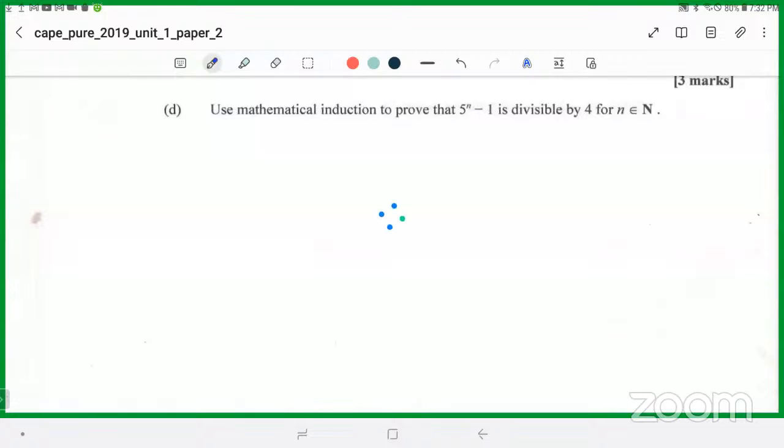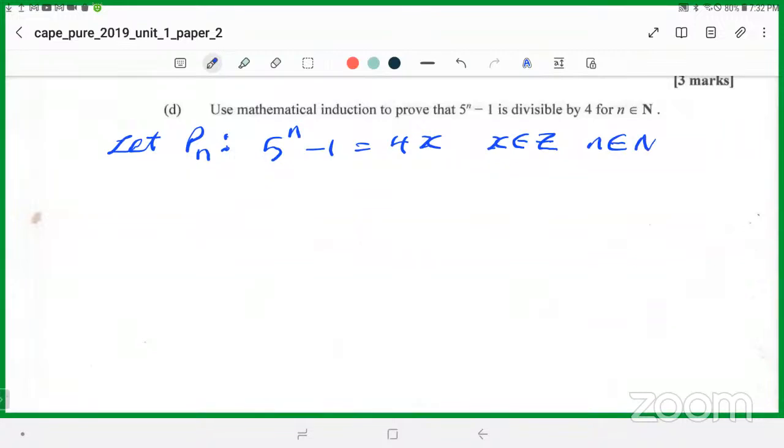All right, so they said that this expression is divisible by 4. So it means that this expression is equal to 4 times some quotient. So we can write the statement that says let Pn be such that the expression 5 to the n minus 1 is equal to 4 times some quotient x, where x is a member of the integers and n is a member of the set of natural numbers.